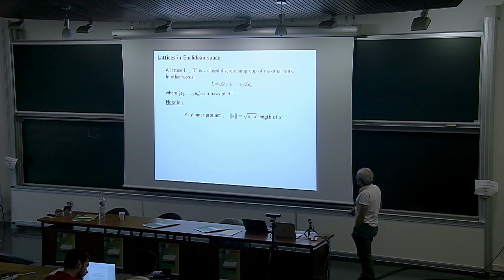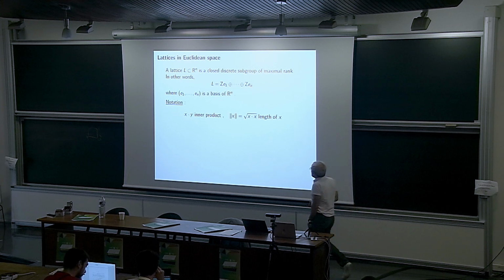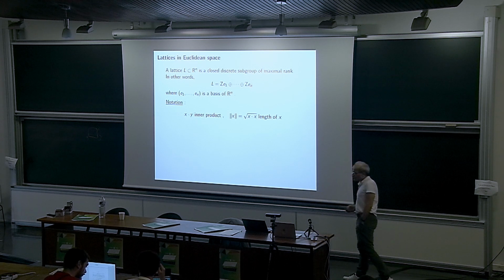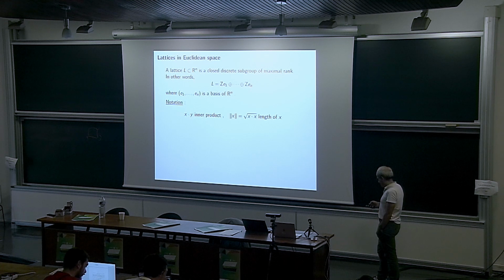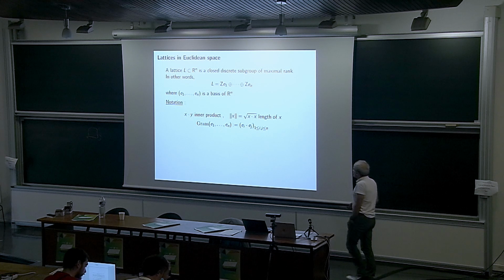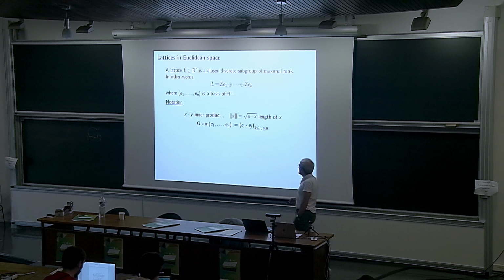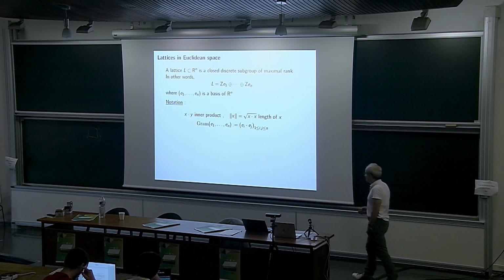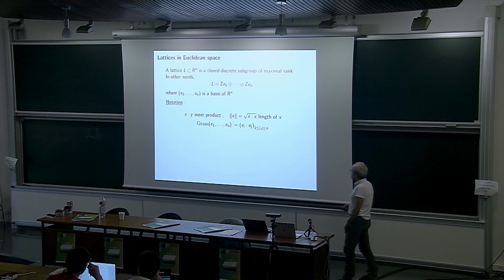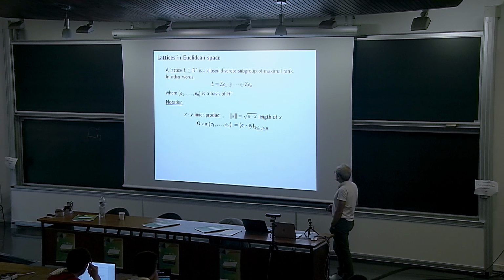And so you fix an inner product on R^n, say the usual one. Associated to that, there is a notion of length. And also, and that's how quadratic forms come into play, to a given basis matrix you can associate its Gram matrix.